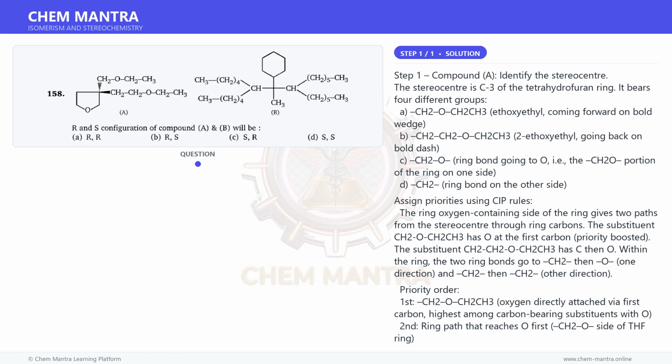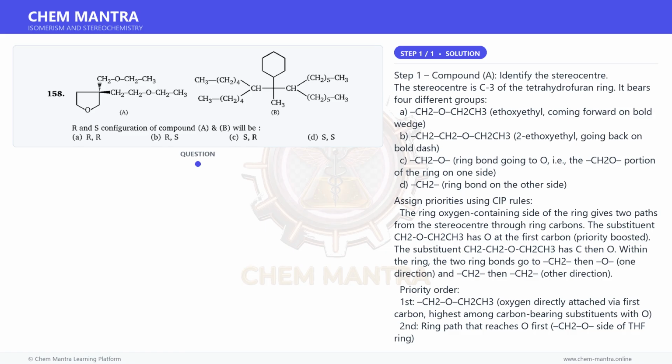Corrected priority assignment. First, ring CH2O bond, ring oxygen at second atom. Second, CH2OCH2CH3, O at second atom, same level, but tiebreak. Actually, careful analysis: atoms directly attached to the stereocenter are all C, 4 Cs. Go to next level.